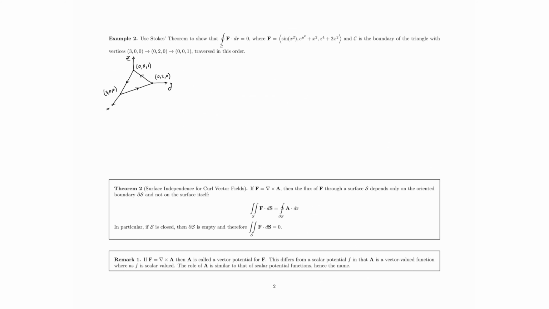So let's say that our domain D is this enclosed triangular region. And then we already have the boundary of D oriented.